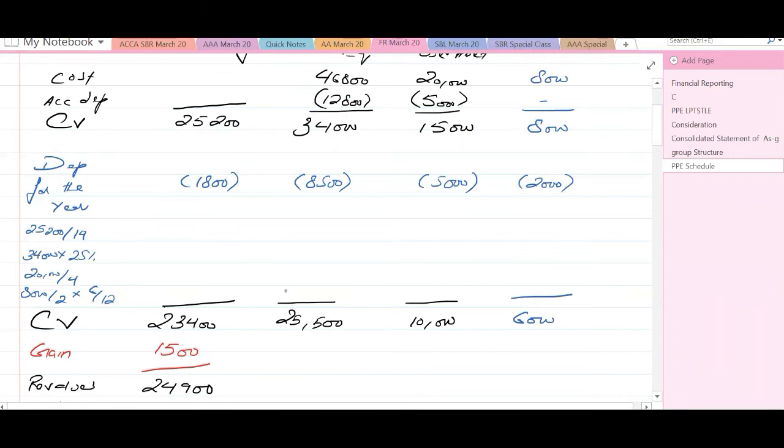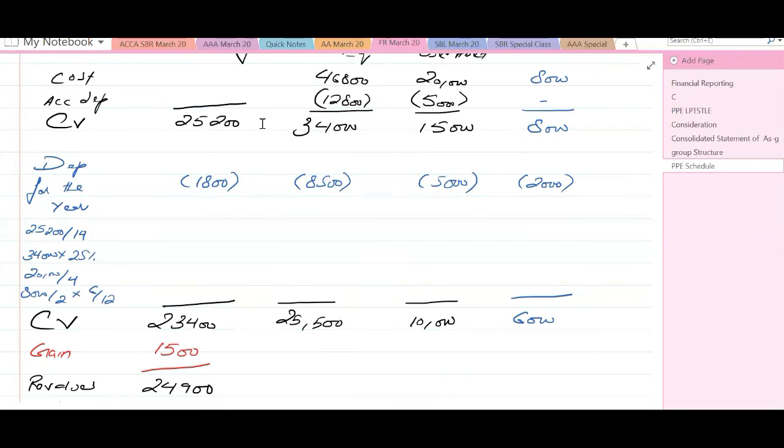So we're going to take these three: 1,800, 8,500, and 5,000. Why are we not taking the other one? Because we'll take directly the cost of sales of the construction contract, which includes the depreciation as well. So 1,800 plus 8,500 plus 5,000.